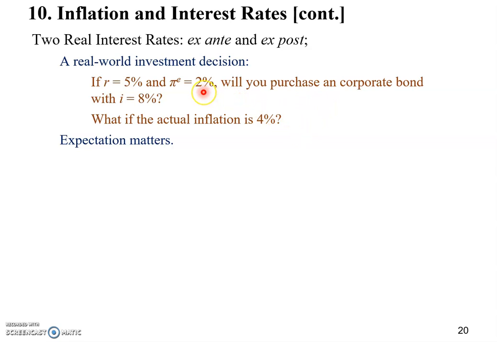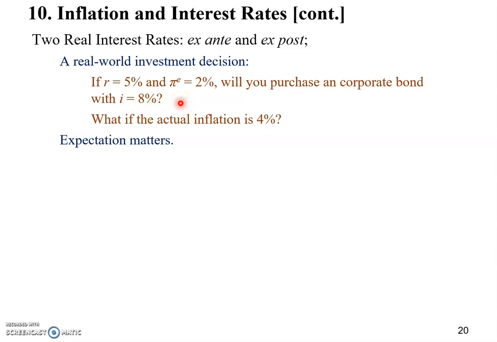Okay, suppose you figure out the inflation rate correctly at the beginning of the year. You believe it's 4%, so you would ask 5% plus 4%. That will give you 9% nominal interest rate on this corporate bond, right? But it offers only 8%.